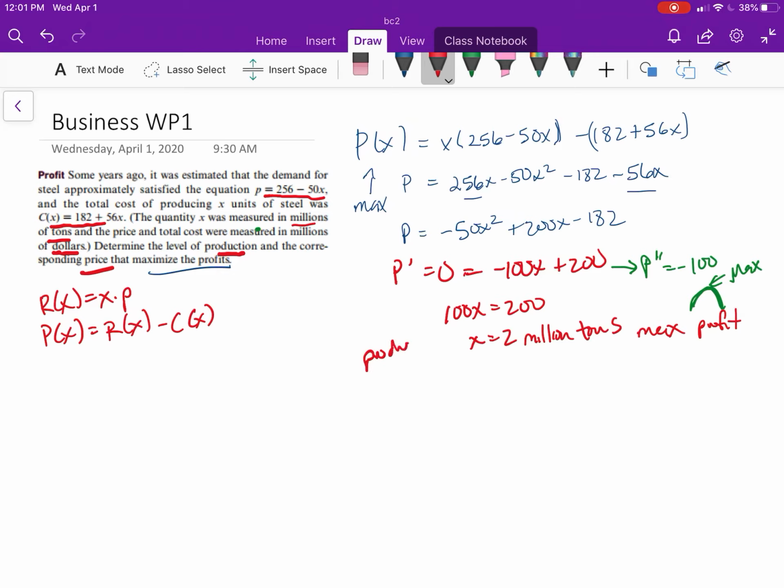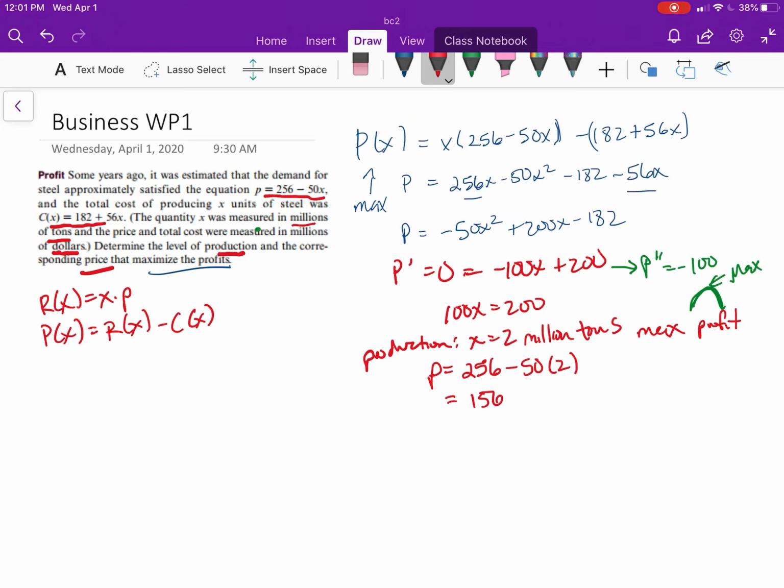This is the production. They're going to produce 2 million tons of steel to maximize the profit. At a price, well, that's easy because now that we have 2, they give us the function 256 minus 50x. So minus 50 times 2 is 156.